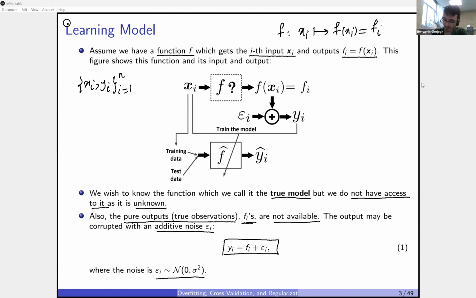And by the way, this true model, you can see it as an analogy. You can see it like the theory of ideas or theory of forms by Plato. Plato was an ancient Greek philosopher who had a theory of ideas saying that whatever we see in this world is just an image or an instance of some true idea or true form in another world, maybe the world of ideas.